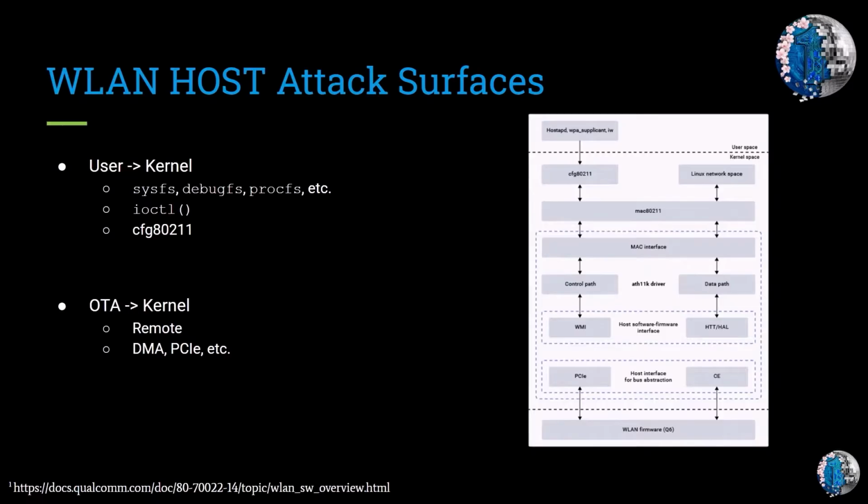There's also the more common case where you have the OTA case and you may land on the firmware, right? So this is something like Broadpwn, where your actual code exec is on the WLAN chip itself, and then you need to pivot from WLAN firmware to the AP, and then from the AP to wherever you want to go.